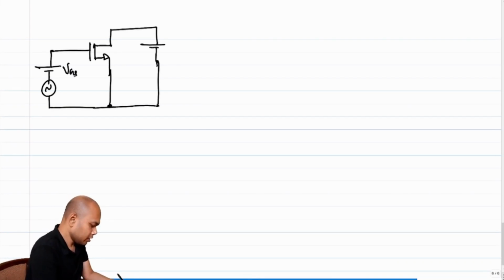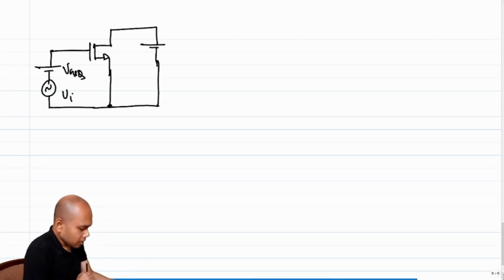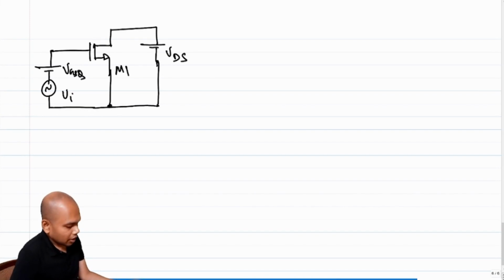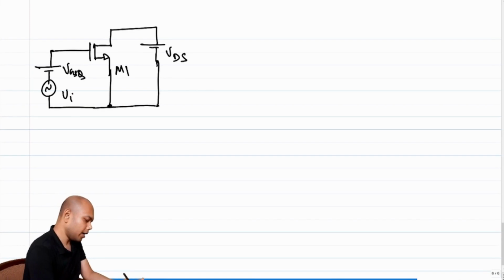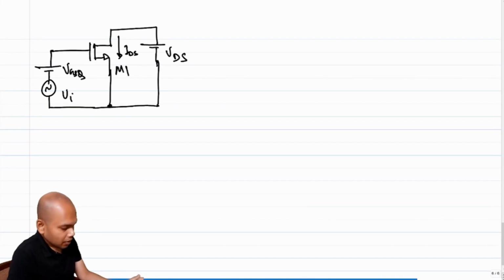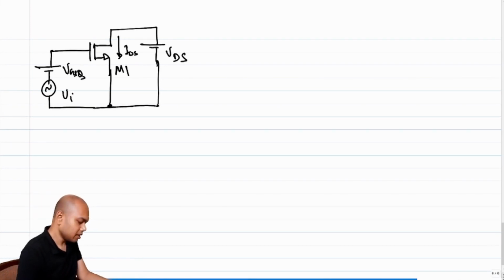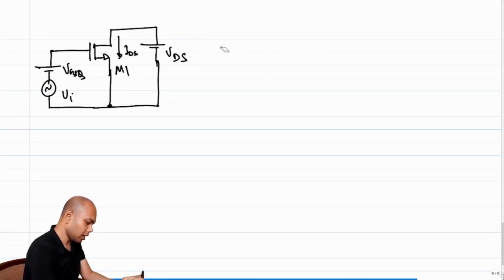And let's say this is VGSQ and this is VI, and the VDS is held in such a way that the transistor is in saturation. Okay, so we will try to answer this question in the context of what is small signal as far as the current and the voltage relationships are concerned, right? So in the context of IDSQ, or in the context of IDS versus the input signal, right? So let's quickly do that. So what is the total IDS?